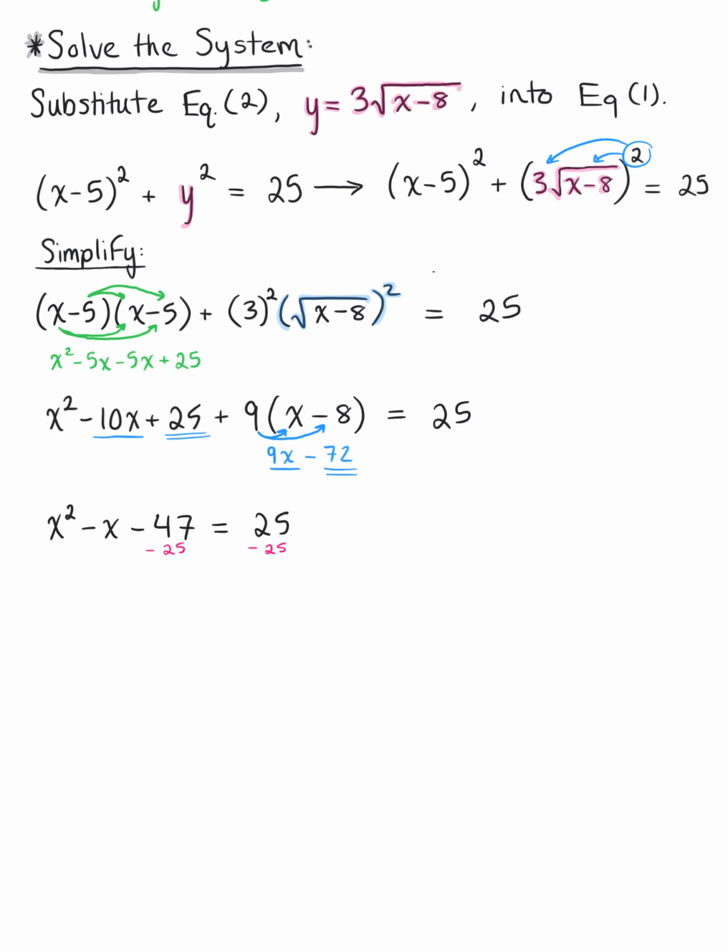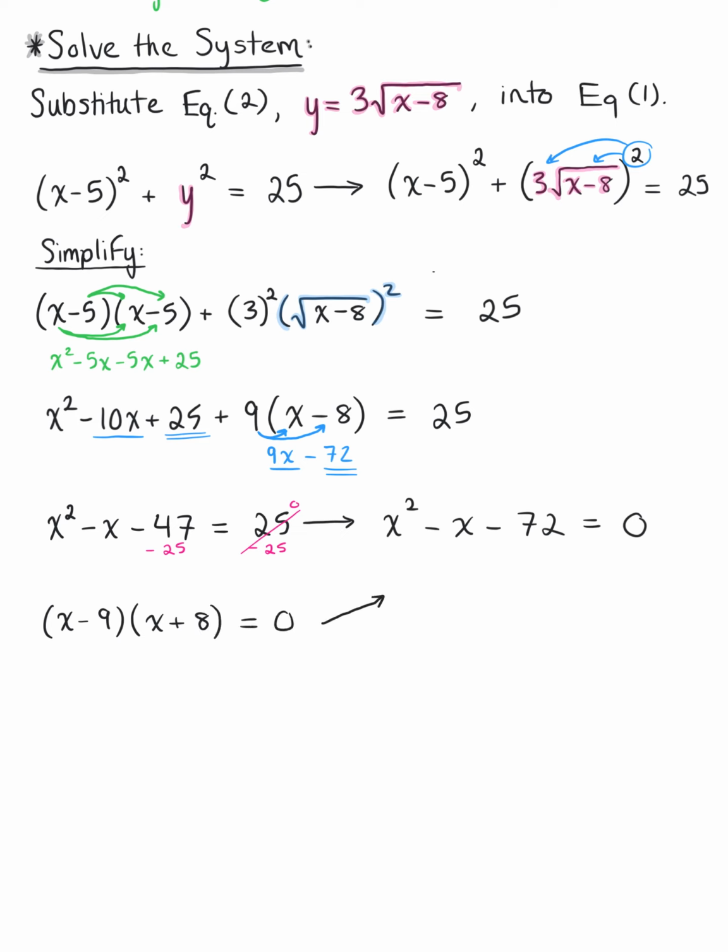So subtracting 25 from both sides of the equation, we are left with the quadratic equation x squared minus x minus 72 is equal to 0, which we can now factor to the binomial product (x minus 9) multiplied by (x plus 8) is equal to 0.